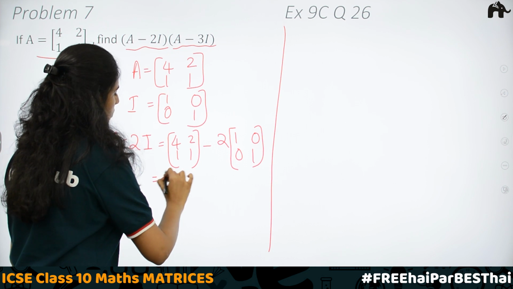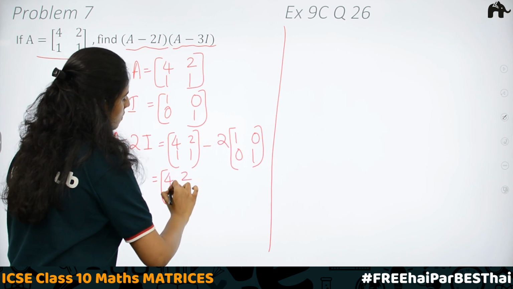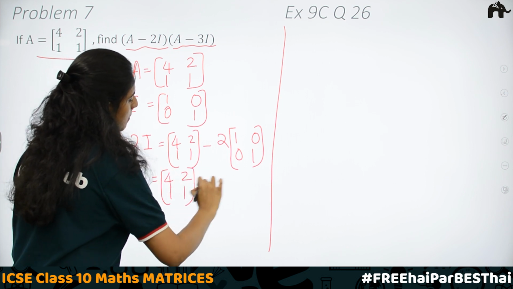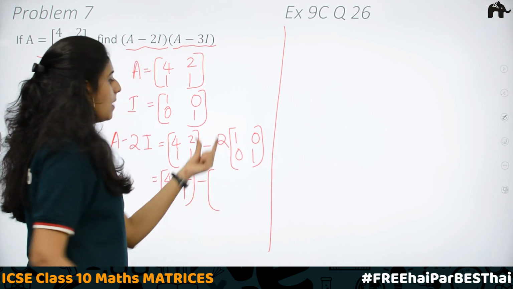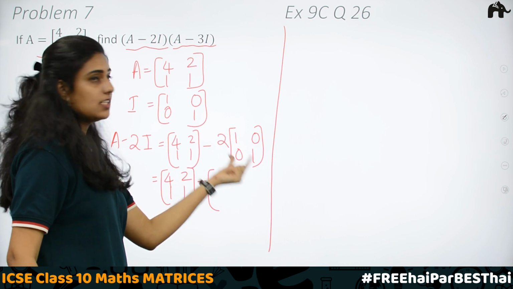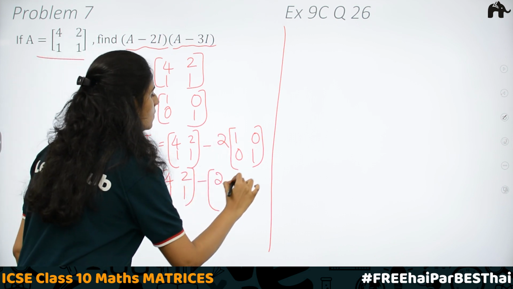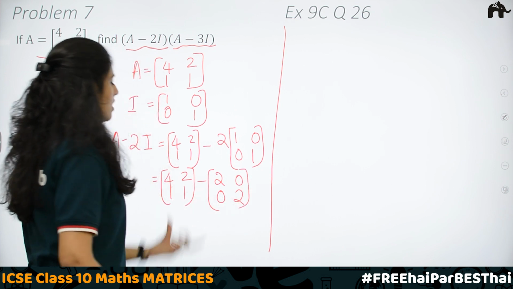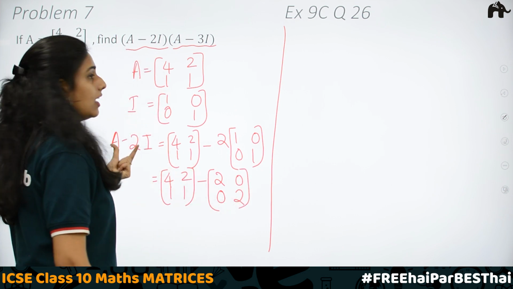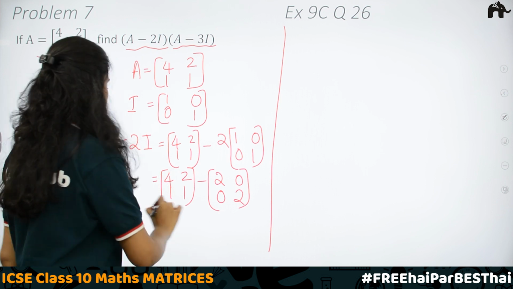That is equal to 4, 2, 1, 1 minus 2 into 1, 0, 0, 1, multiplying each element of the matrix with 2. We get 2, 0, 0, 2. Now subtracting, we get what A minus 2I is.